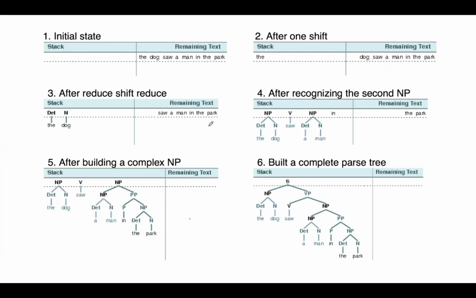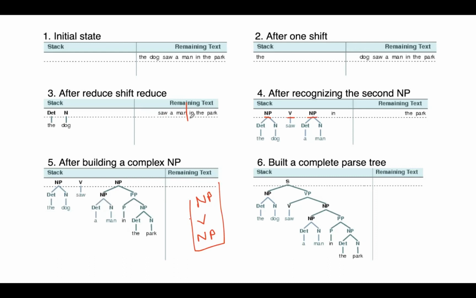After reading the input string till man, the stack contains noun phrase, verb, and noun phrase. You can see that here in step 4, after recognizing the second NP, we have noun phrase, verb, and noun phrase.